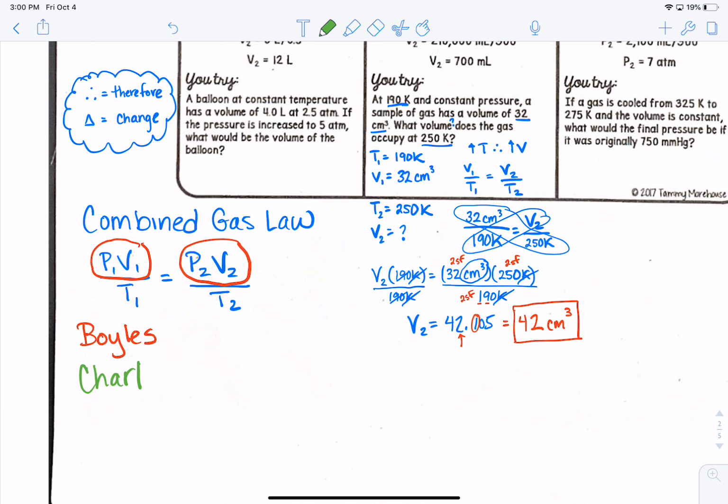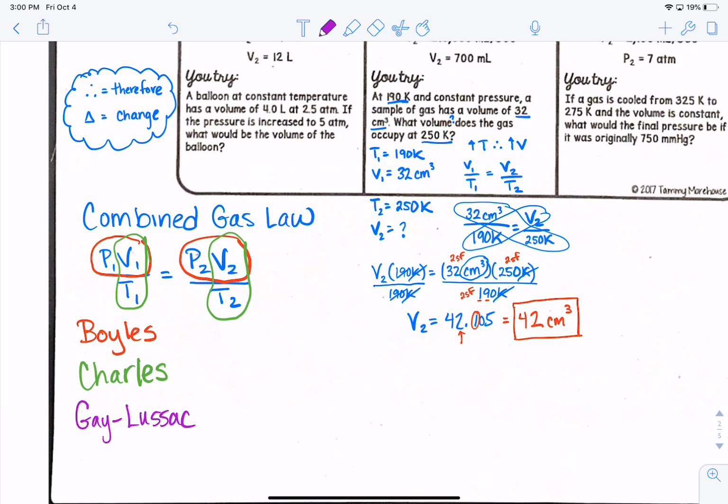Charles' law compared volume with temperature. And then Gay-Lussac's law, we'll make him be purple, was just pressure compared to temperature. So do you guys see how this particular gas law combines them all together?